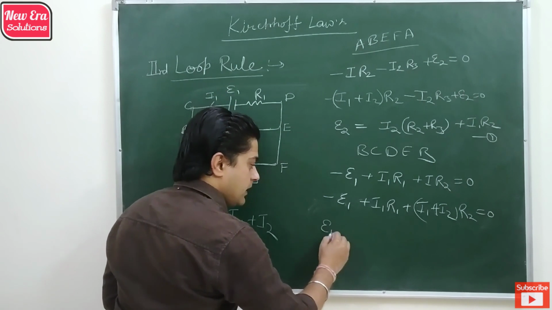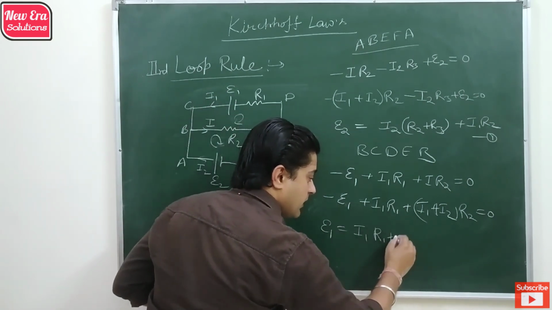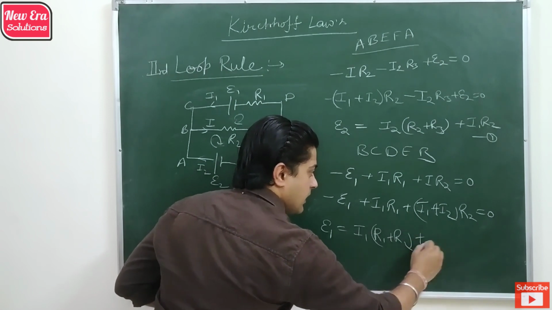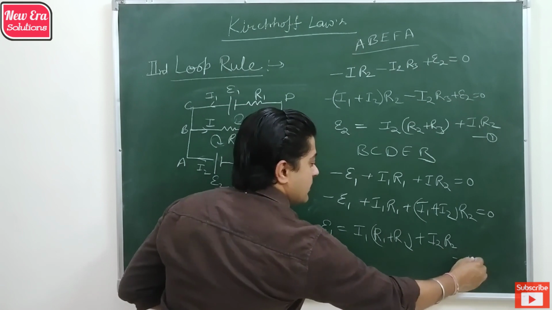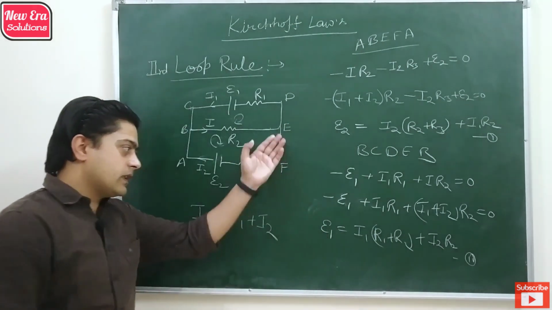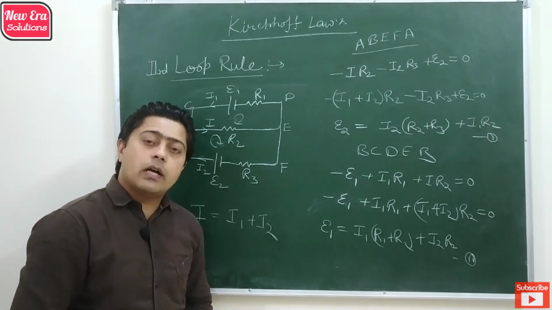Then E1 is equal to I1 times (R1 plus R2) plus I2 into R2. This is equation 2.